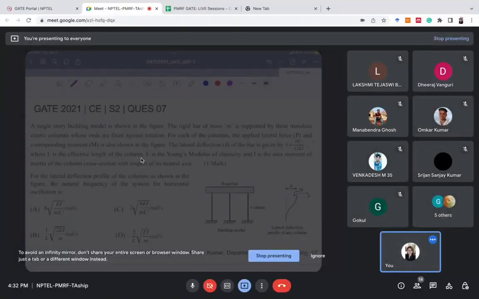So this is the question, I hope it is visible. Yes, ma'am. This question is question number 7 of set 2, GATE 2021. The same instructions are there. Please keep your pen, paper and calculator ready, and write down the formula which I'll be using.